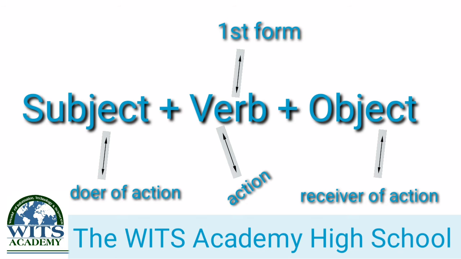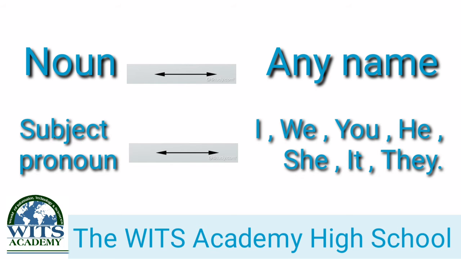Okay? Students, when we make the sentences of present simple tense, we also give the addition of s, es or ies with the verb, and that addition depends upon the subject we use. Students, we use noun and subject pronoun at the start of our sentence.